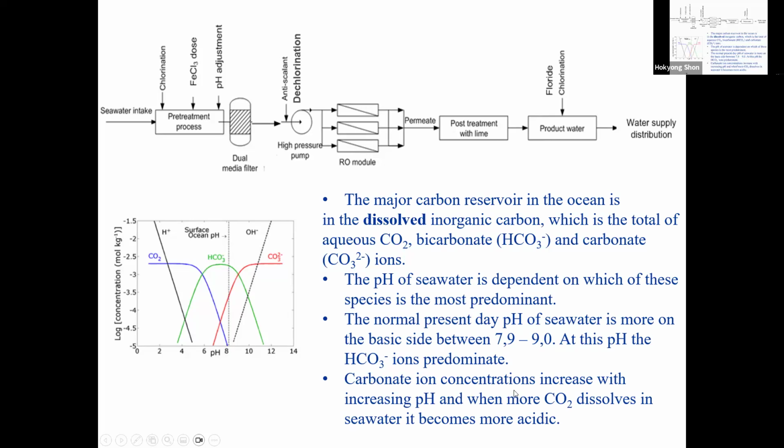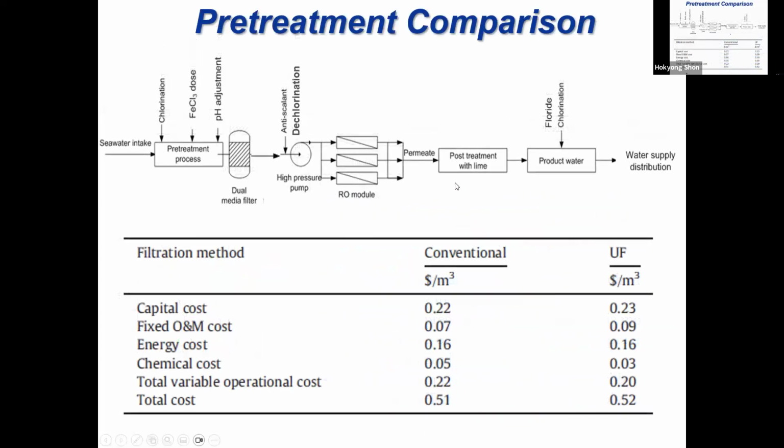The carbonate ion concentration increases with increasing pH. When more CO2 dissolves in seawater, it becomes more acidic. When seawater is more acidic, this will damage a lot of the seawater ecosystem. So that's how bicarbonate and carbonate affect the overall pH and pretreatment.